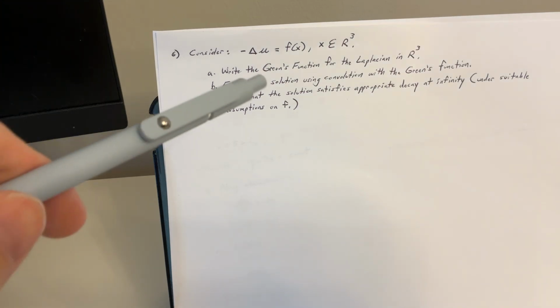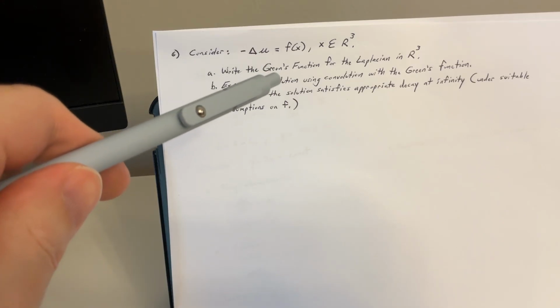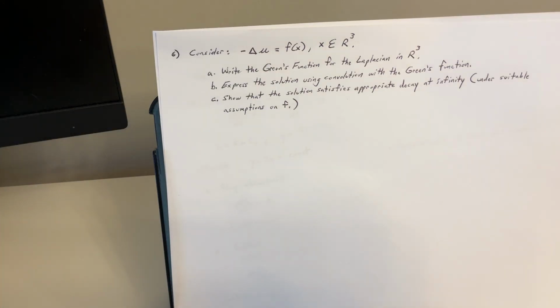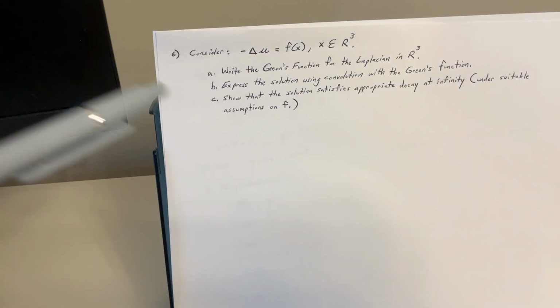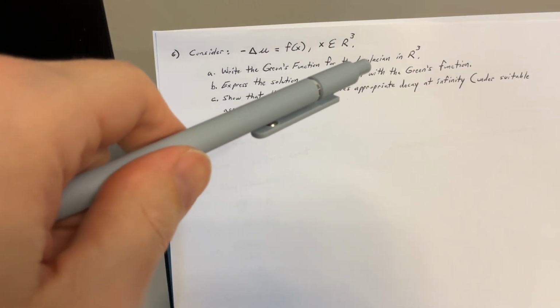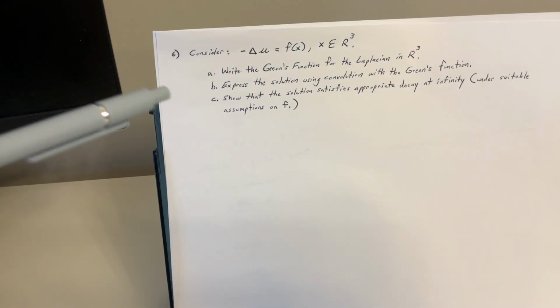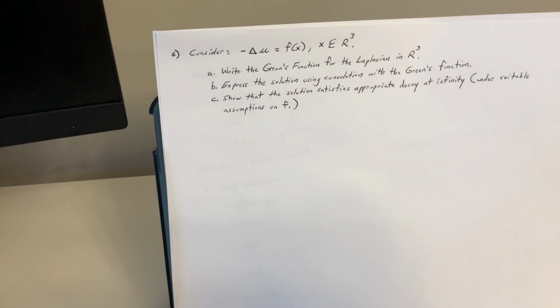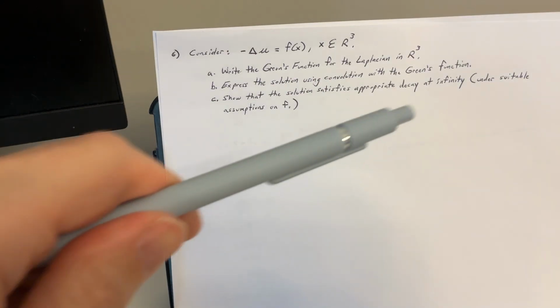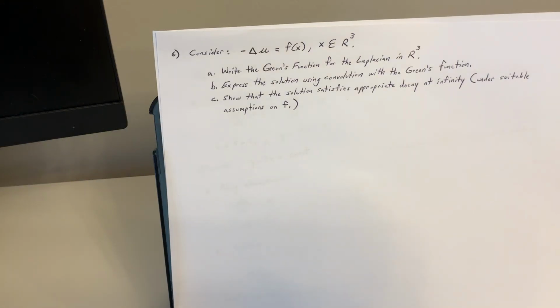And now Green, that should be Green's function. Part A: write the Green's function for the Laplacian in R3. Part B: express the solution using convolution with the Green's function. Part C: show that the solution satisfies appropriate decay at infinity under suitable assumptions on f.